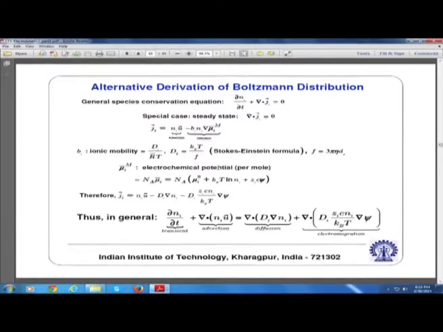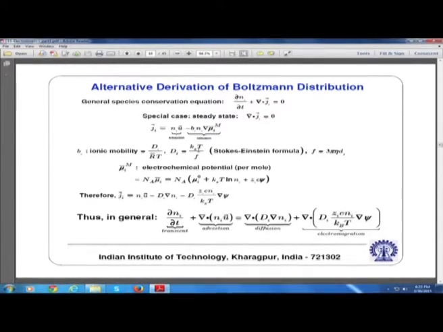So, all these additional effects are brought into the picture in this equation. It carries the assumptions of the Boltzmann distribution no doubt, but it includes the effect of advection and transients. This differential equation is known as the Nernst-Planck equation.